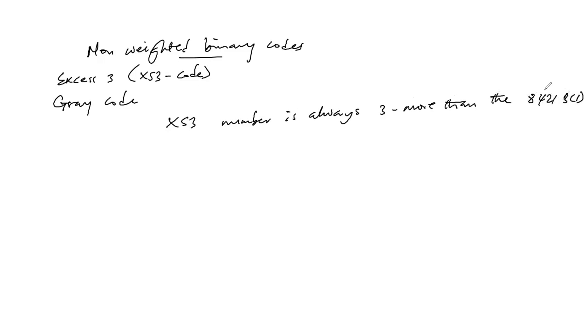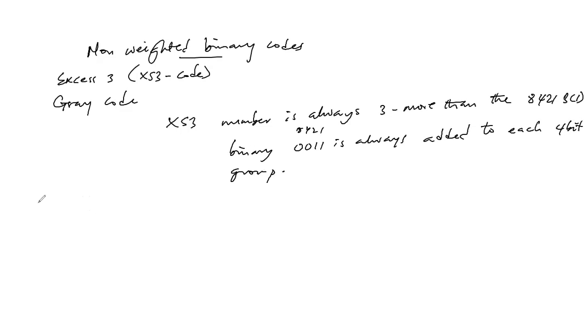So in other words, the binary 0011, which is from the 8421, that's 3, 2 plus 1 is 3. It's always added to each 4 bits.